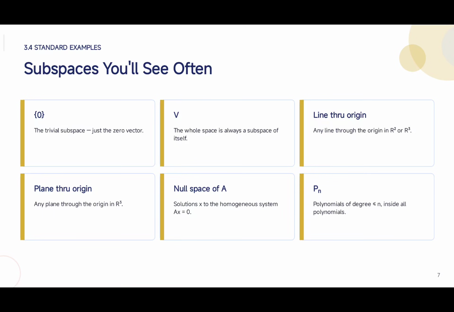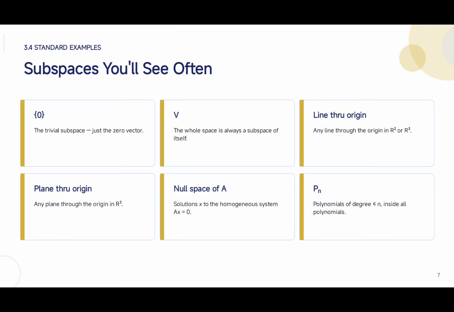Let's ground this with some examples. You'll see over and over the trivial subspace, just the zero vector by itself. It always works. The whole space V is always a subspace of itself.